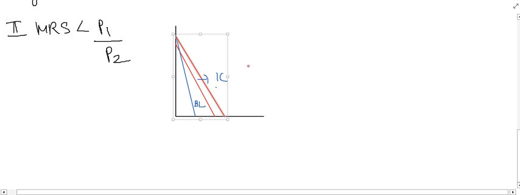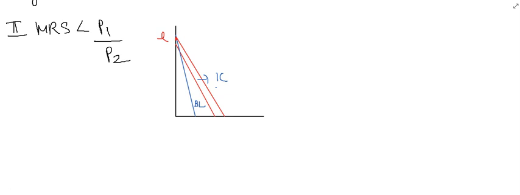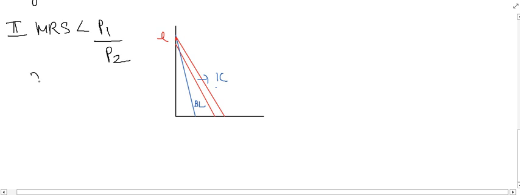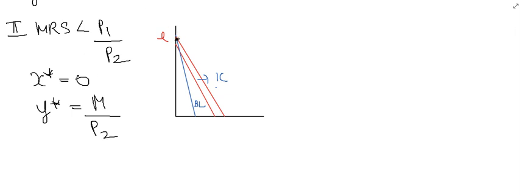Okay, so this is the highest IC the consumer can reach, given that the budget line is steeper than the IC, or the price ratio is greater than the MRS. Here our demand bundle would be X star equals 0 and Y star equals all of his income spent on good Y, so M by P2. This one is the equilibrium bundle.